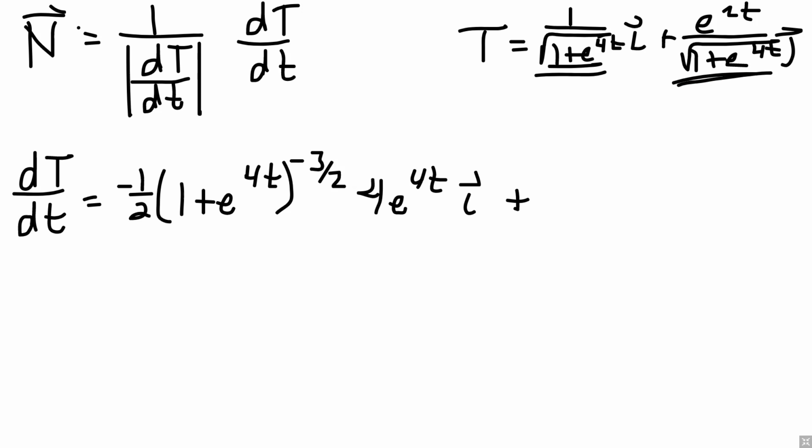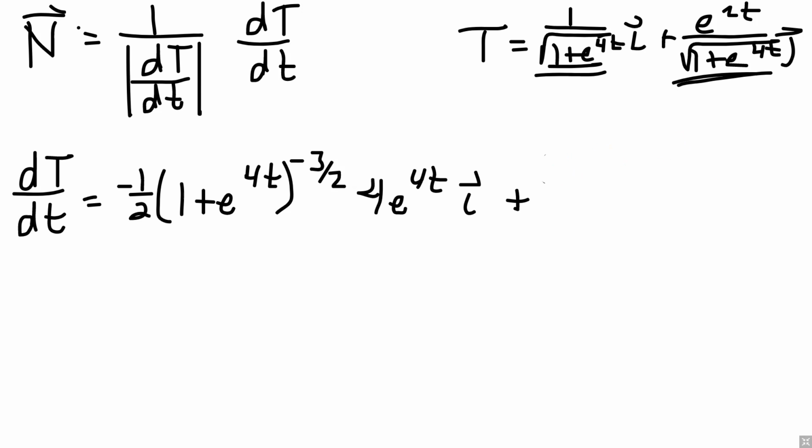So it's going to be the bottom times the derivative of the top, minus the top times the derivative of the bottom. I'm running out of room, so let me wrap this around.